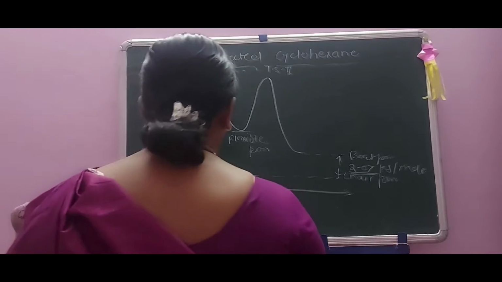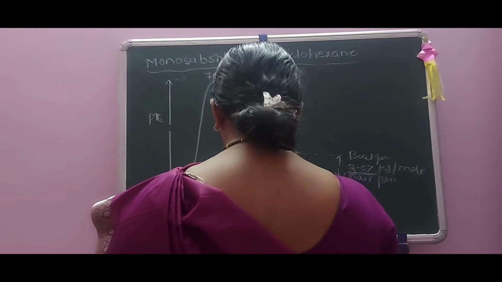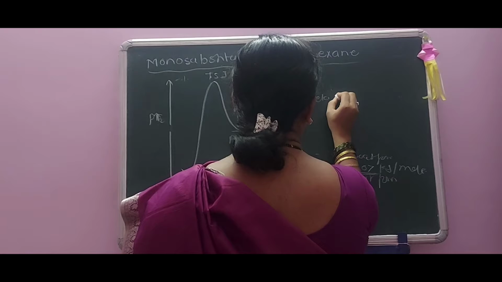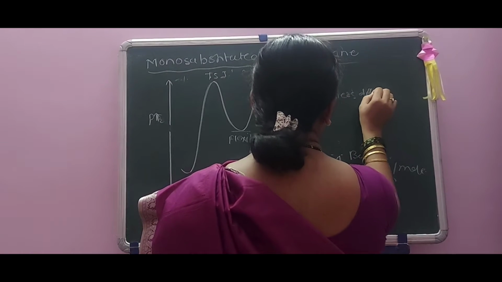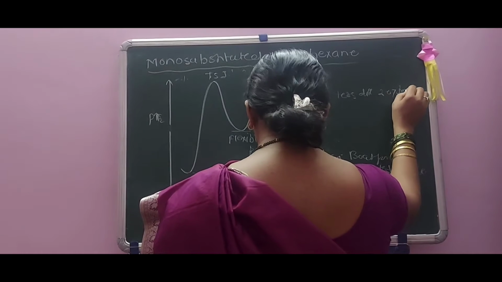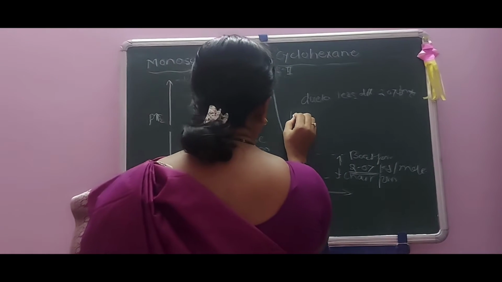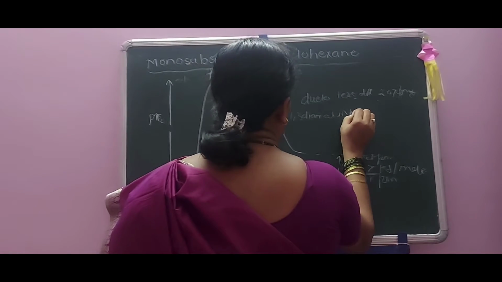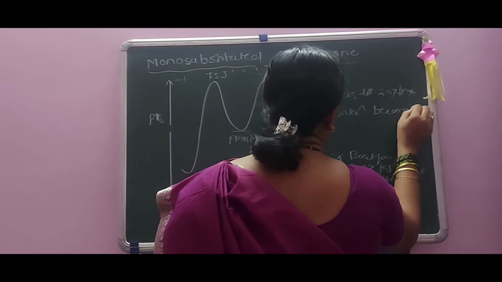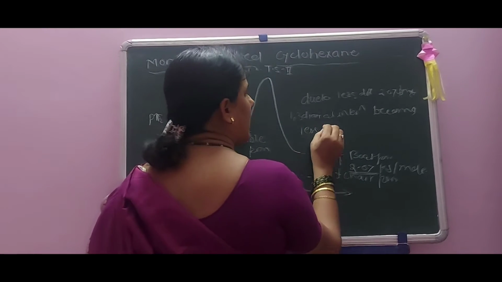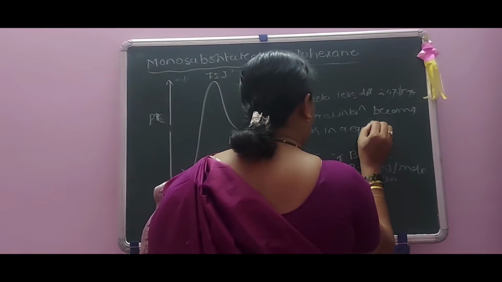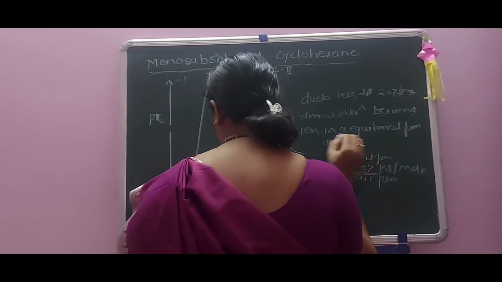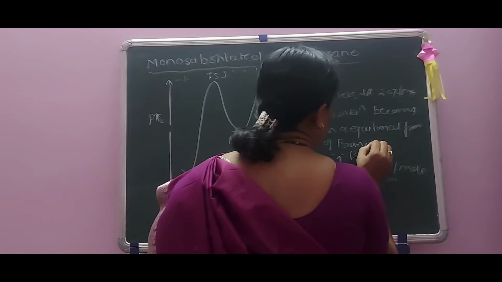One more point should be added: due to the small difference of 2.07 kilojoule per mole, the 1,3 diaxial interactions become less in the equatorial form of bromocyclohexane.